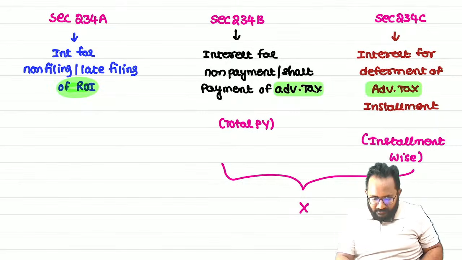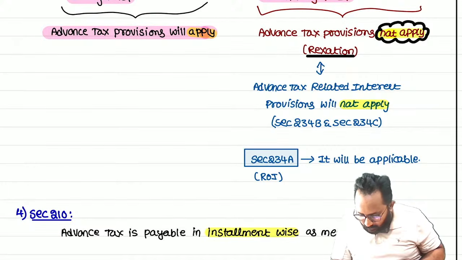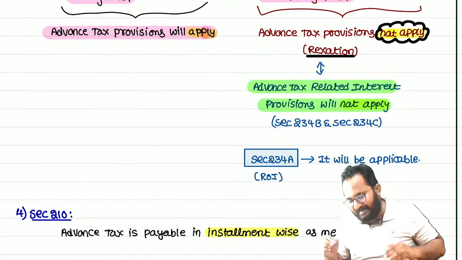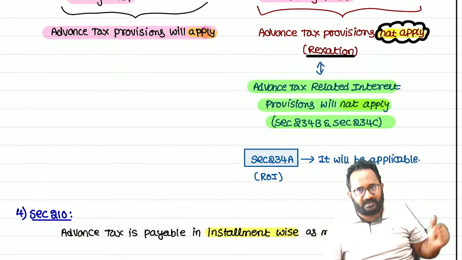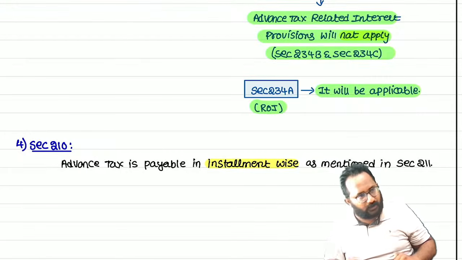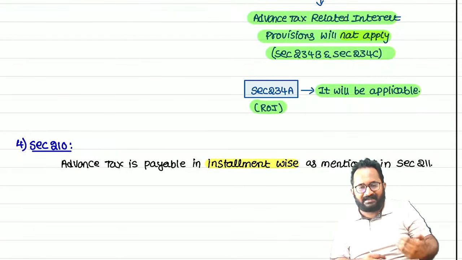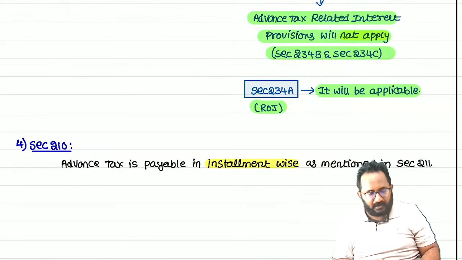Clear? That is only what I have written here. If advance tax provisions are not applicable, advance tax related provisions also will not apply, that is 234B, 234C. What is 234A? It will apply, as it is related to return of income, late filing or non-filing. Understood?